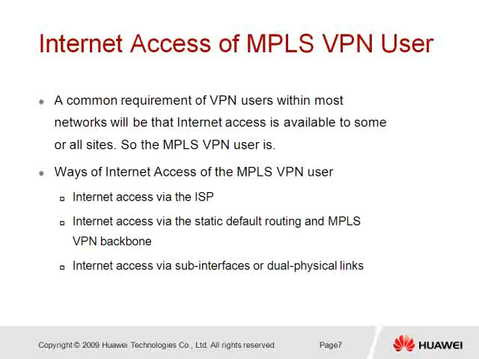There are many ways of Internet access for the MPLS VPN user, such as Internet access via the ISP, Internet access via static routing and the MPLS VPN backbone, and Internet access via sub-interfaces or dual physical links.